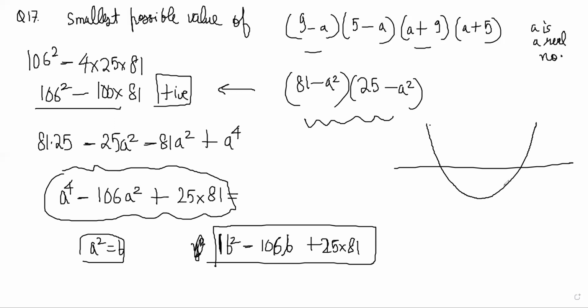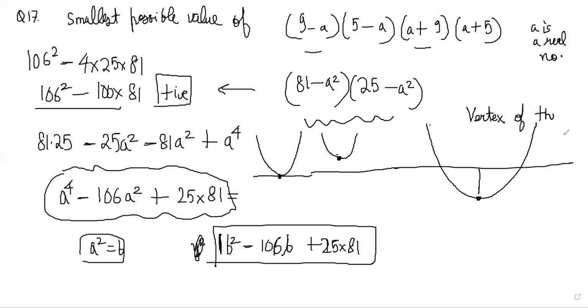Even if the discriminant had not been positive, one thing is common in all three cases: the minimum value always happens at this point, the midpoint, which is called the vertex of the parabola.